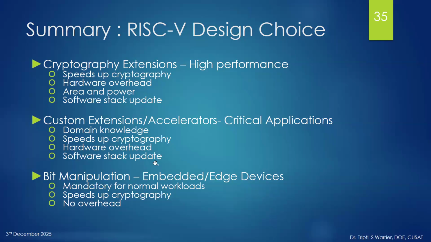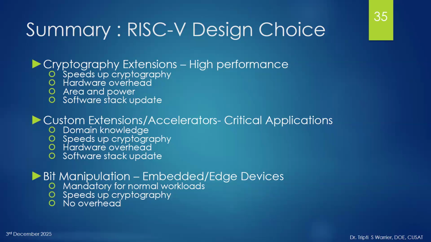Generally, these kinds of techniques could be used when your target device is for edge or embedded applications. Nowadays, as our MBench evaluation showed, cryptography has become a kind of mandatory part of normal workloads for embedded applications.